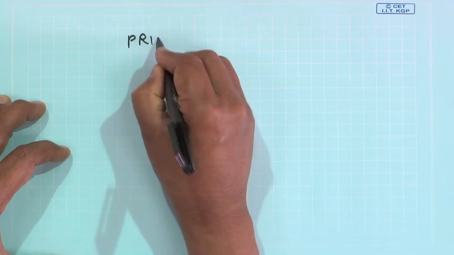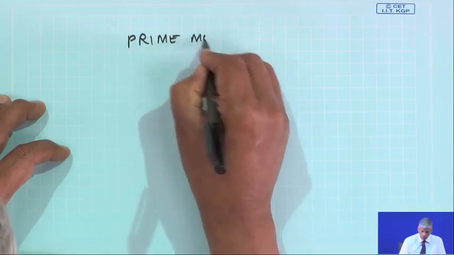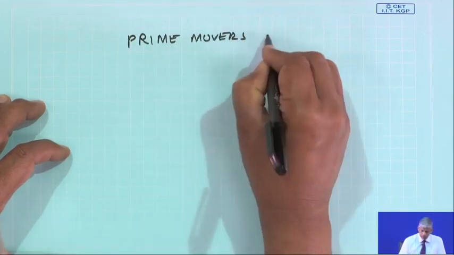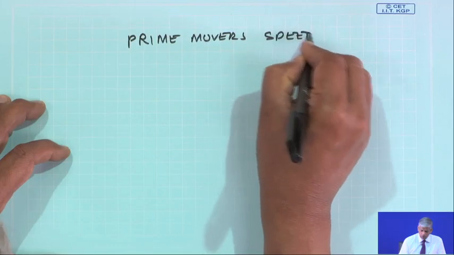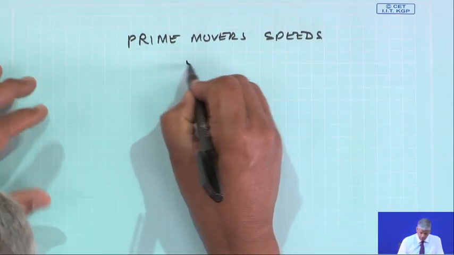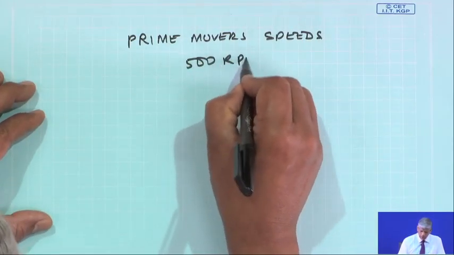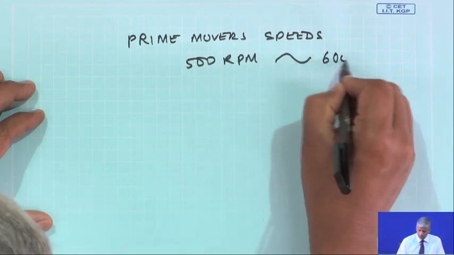For a 2-pole electric motor running at a supply frequency of 50 hertz, we will have the speed as 3000 rpm and so on. So, the prime mover speeds are typically from 500 rpm maybe to 6000 rpm.